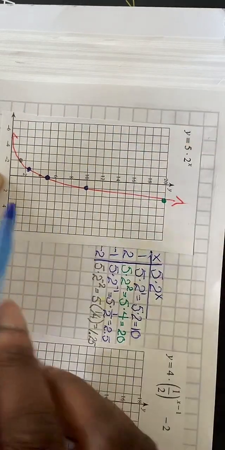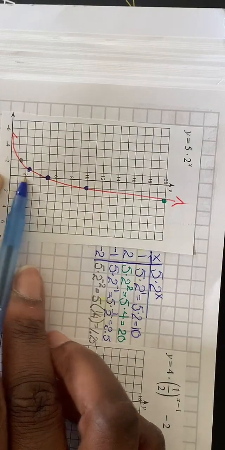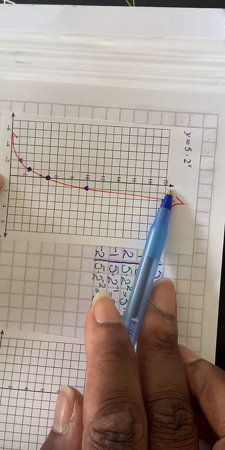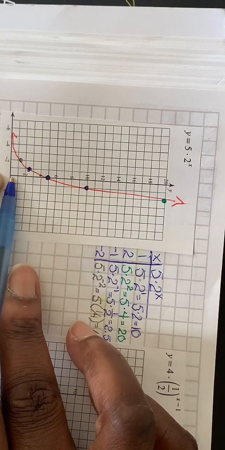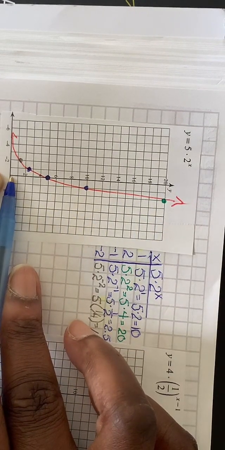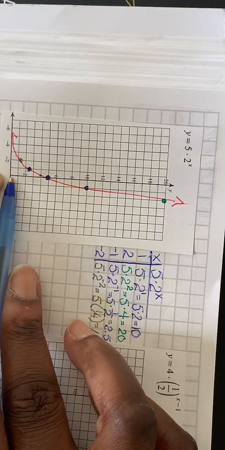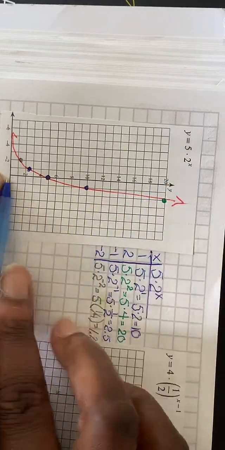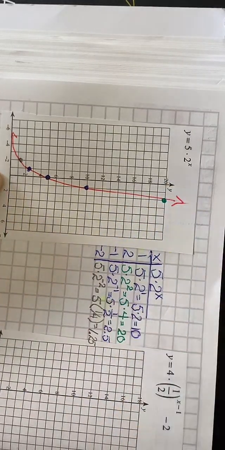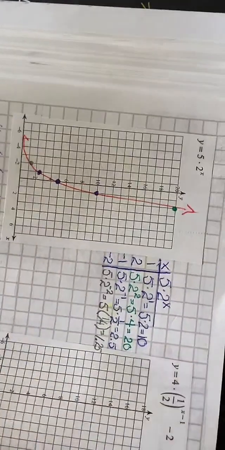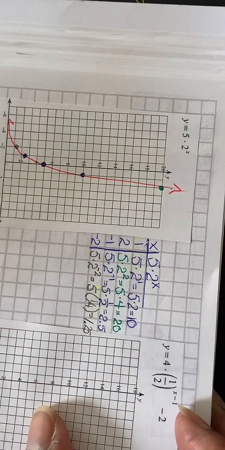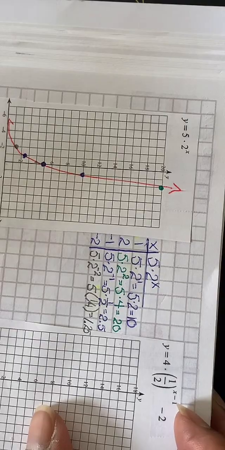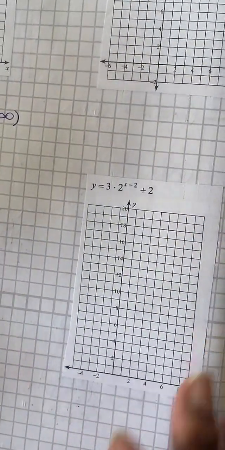So if you go from 0 to positive infinity, that's going to be your range. That means your y's are greater than, not equal to, just greater than 0, because it's going all the way up to positive infinity. So make sure you give Sandra a thank you. Give credit when credit is due.